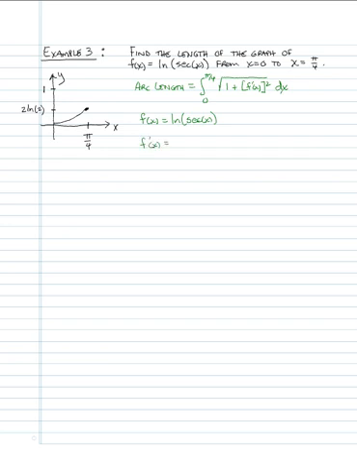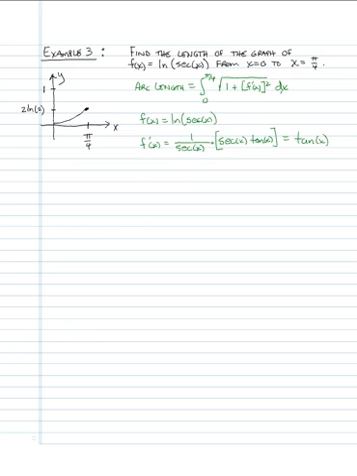And of course, the derivative of a logarithm is 1 over the argument, in this case the secant of x, times the derivative of the argument itself. The derivative of secant of x with respect to x, if you recall, is secant of x times tangent of x. And so you can see the derivative simplifies to simply the tangent of x.